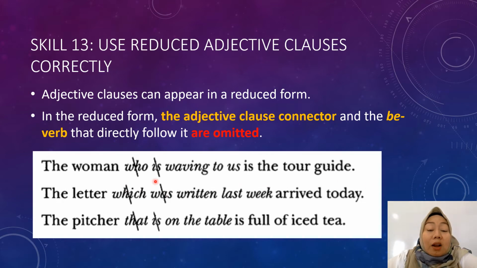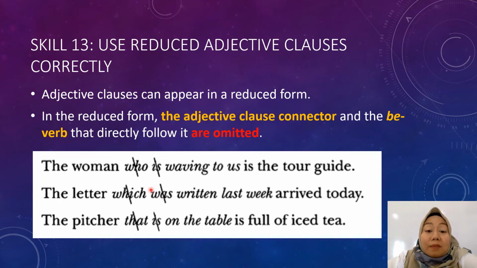Now, the clause who is waving to us is an adjective clause because it takes the role of an adjective, modifying the woman. Which woman? The woman who is waving to us. So it gives more explanation on the woman. So this is the adjective clause.